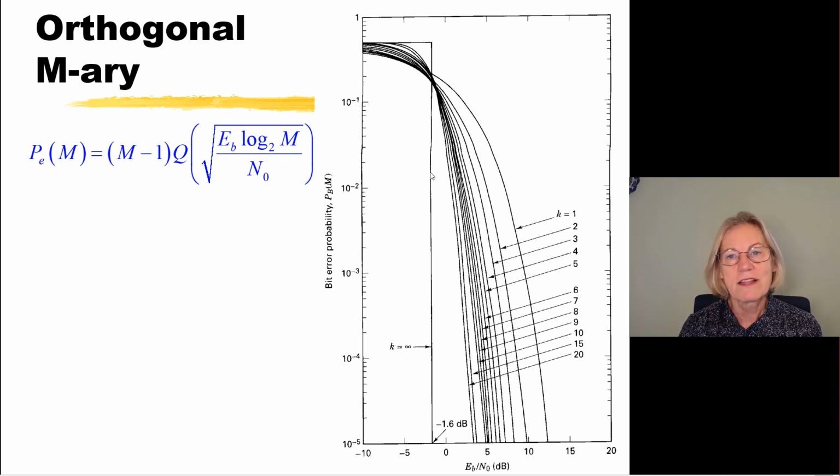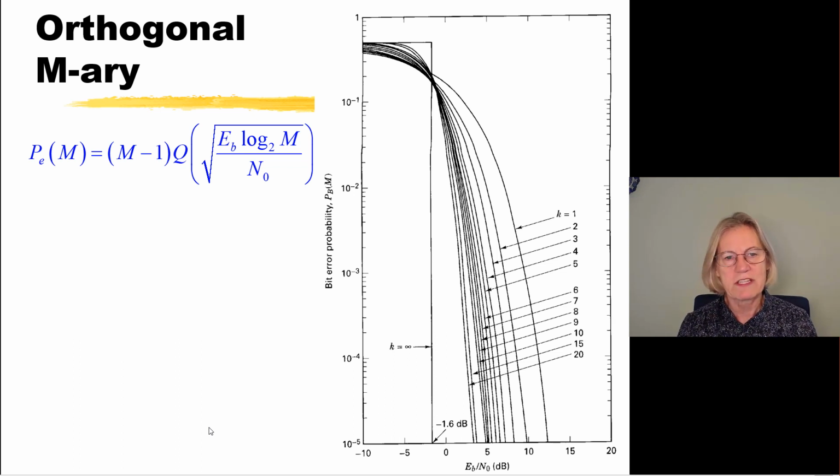But there is a limit, and this limit is located exactly at that calculation of minus 1.6 dB for Eb over N0. And so you can see that even as we're increasing it substantially, we're going to hit a wall at one point. So there is a limit. I can throw complexity at the problem. I can throw a lot of frequency occupancy, but I can't do that forever.